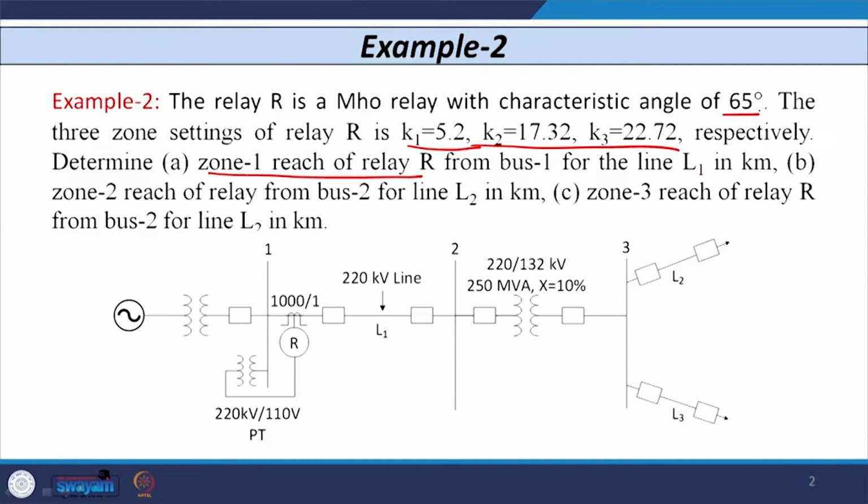So as we have already discussed, the zone 1 reach of relay R is normally 80 to 90% from bus 1, right. So we need to find out up to what point, in terms of kilometers, the reach of L1 extends.